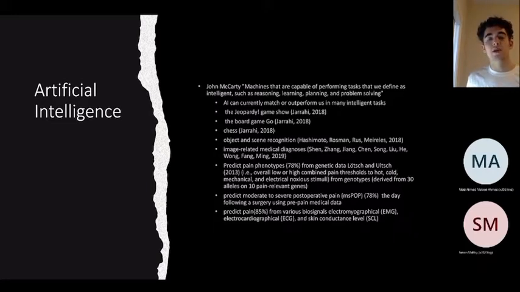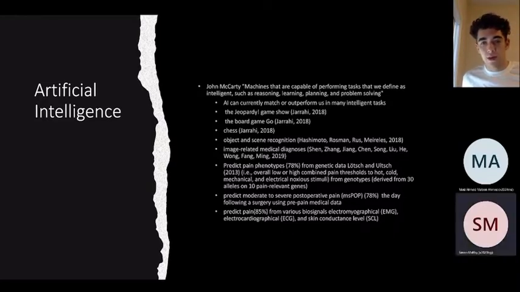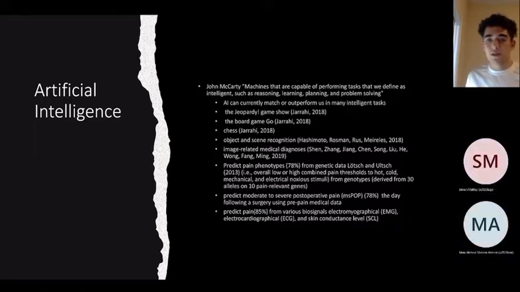A group of researchers used an AI system to take about 30 alleles. Do you guys know what allele means? Not to sound condescending. Okay, good. So they used 30 alleles on 10 genes to predict severe pain phenotypes.